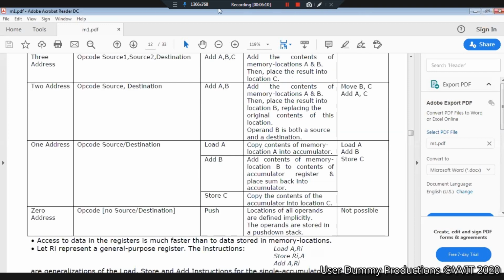Can anyone explain one address? Asha? Are you able to hear me? Please respond. Are you able to hear me? Yes, ma'am. Can you explain?